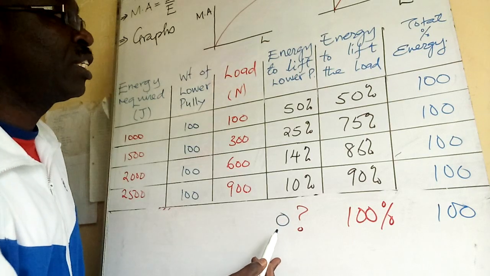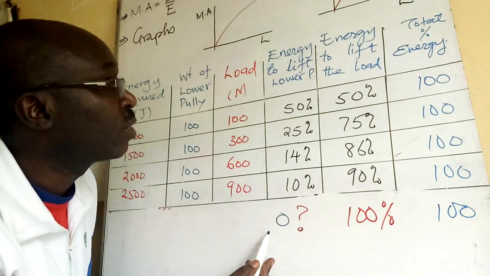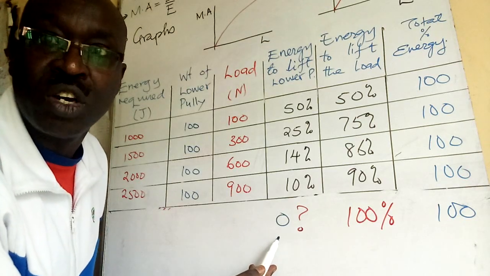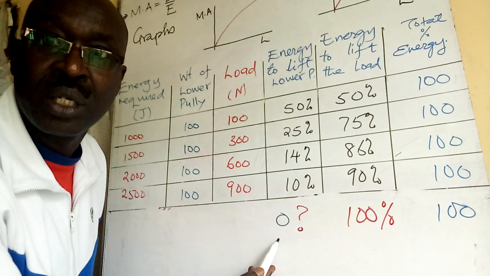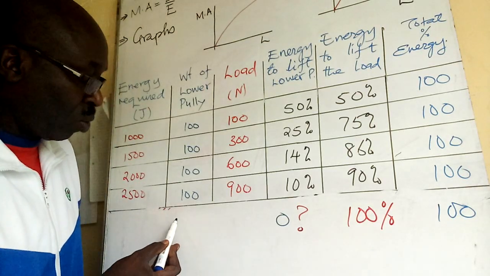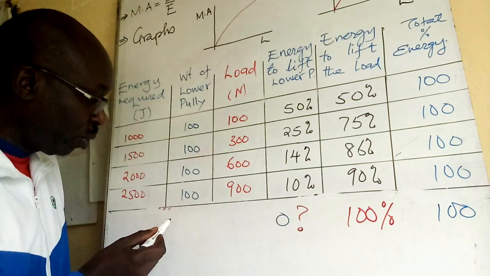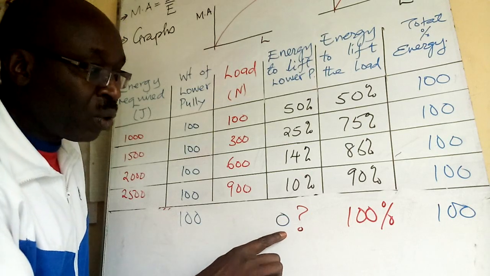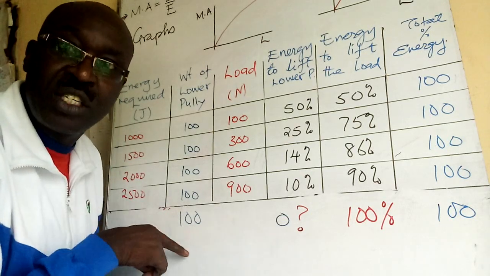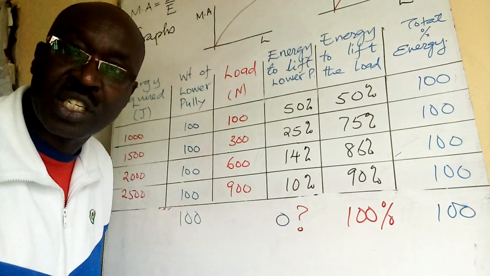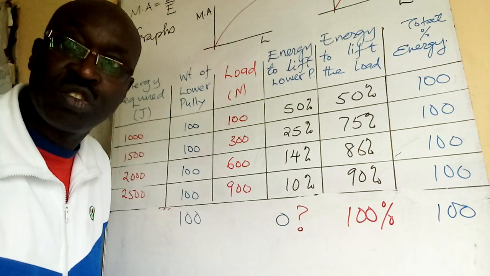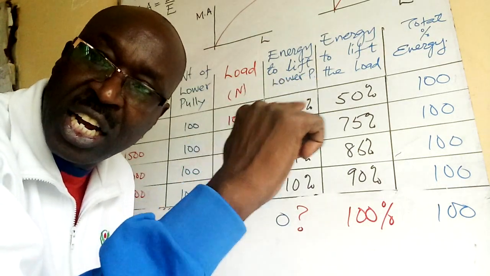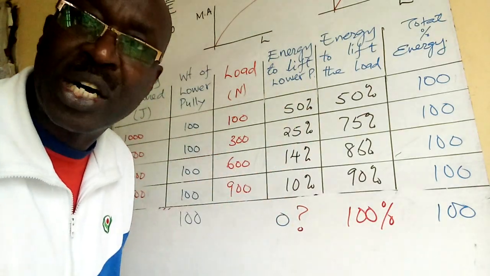And if this is 0, it means we don't have energy to lift the lower pulley. Now, we are told the lower pulley is 100 newtons. And here, when you put 0, it would mean it is not there. You will be contradicting yourself. So in short, the graph cannot reach that level of 100%.